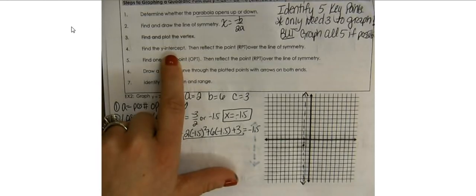Step number 4, I need to find the y-intercept and then reflect the point, RPT, over the line of symmetry. So my y-intercept is located at (0, c), and since my c value is 3, that's going to be located at (0, 3). So I'm going to go to where (0, 3) is, 1, 2, 3, and I'm going to plot my y-intercept.